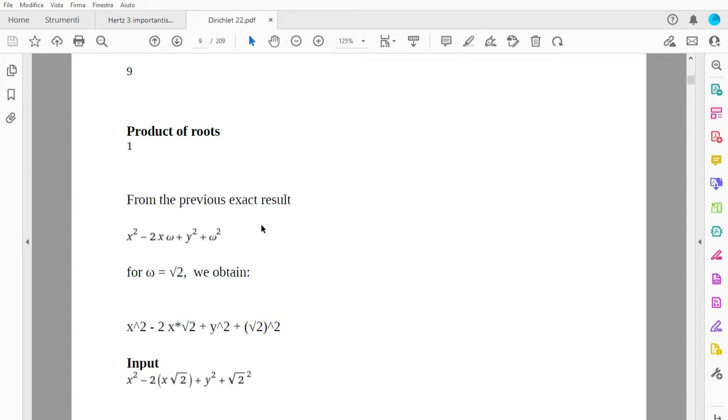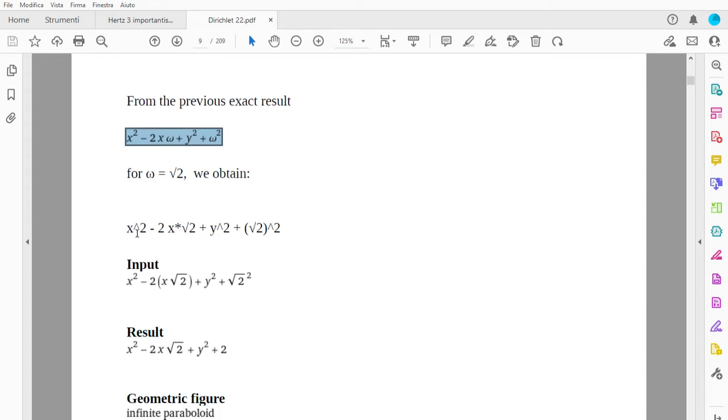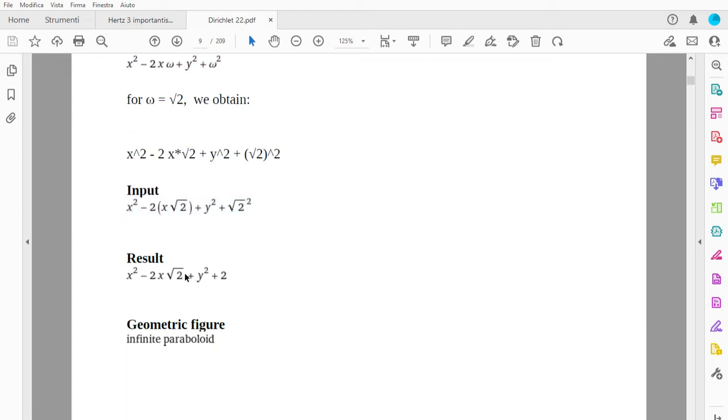Now, from the previous exact result, for omega equal to root of 2, we obtain this expression and this result.